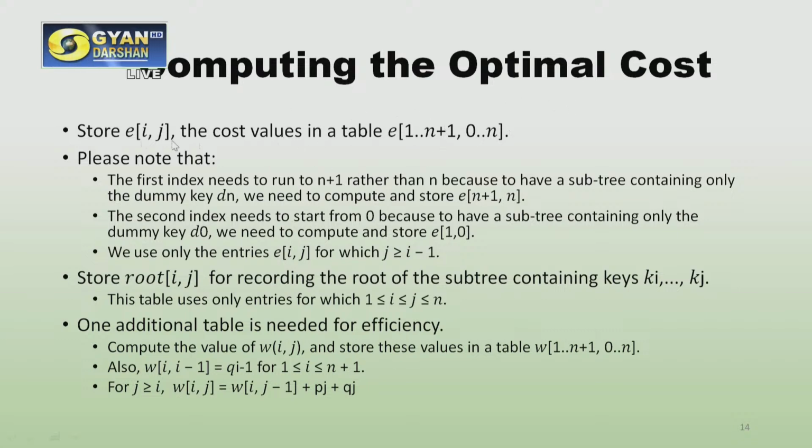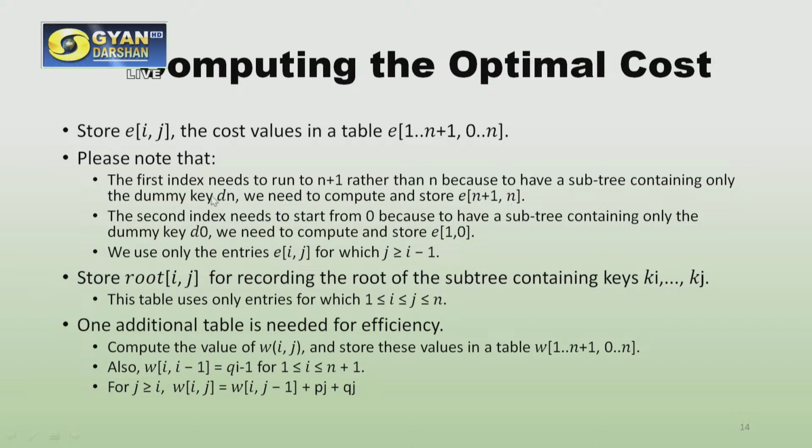Now, computing the optimal cost. How are we going to compute the optimal cost? We will write an algorithm, and in that algorithm we will store Eij, the cost value, in a table where the i index will run from 1 to n plus 1 and the j index will run from 0 to n. The first index needs to run to n plus 1 rather than just n, because to have a subtree containing only the dummy key dn, we need to compute and store E n plus 1 comma n.